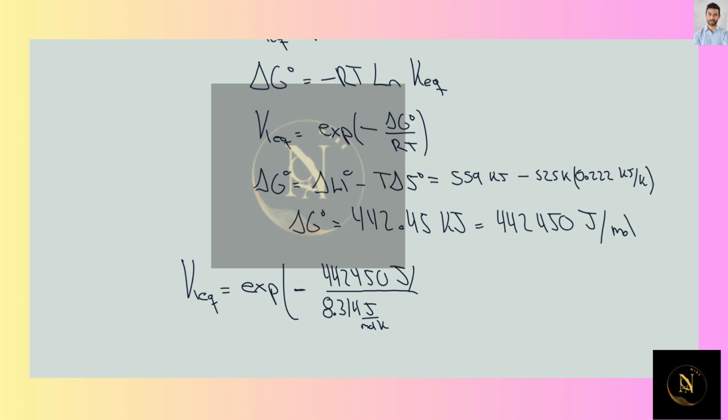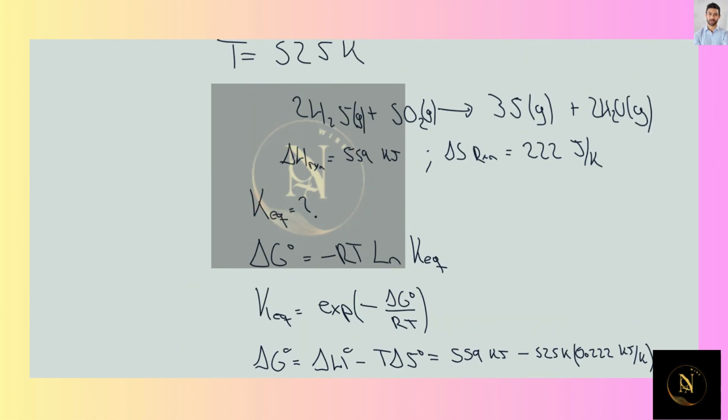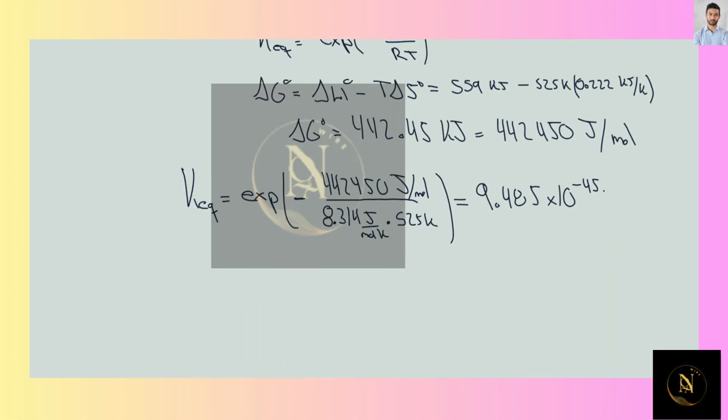So over here, the value is given generally in joules per mole, and the temperature that we're employing, which was 525 Kelvin. So this gives us a value of 9.485 times 10 to the minus 45. So this would be the final result in this case.